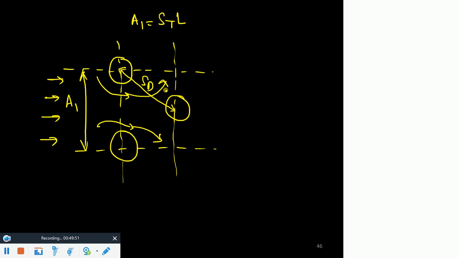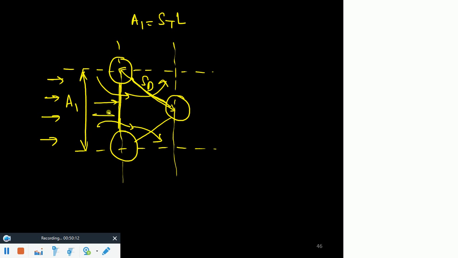So the point is, which one is the minimum area, this one or this one? The minimum value from these two areas would decide where the maximum velocity occurs. There are two areas, this area and this area.